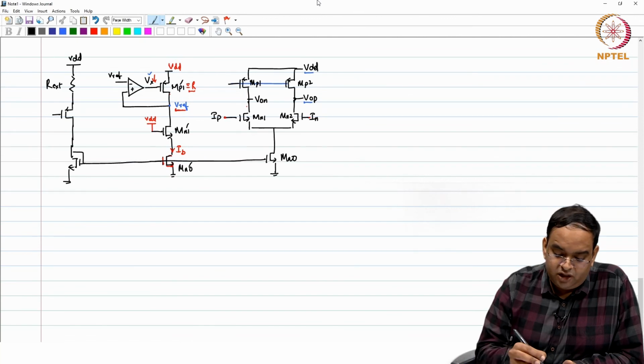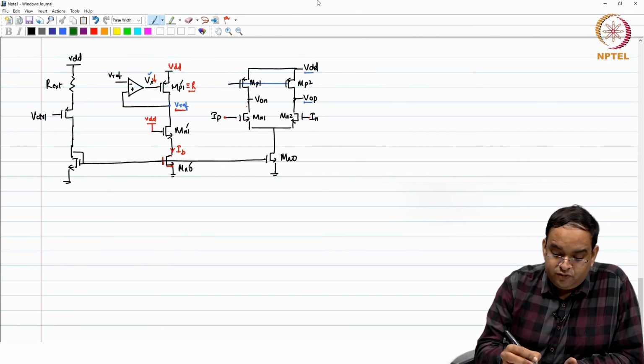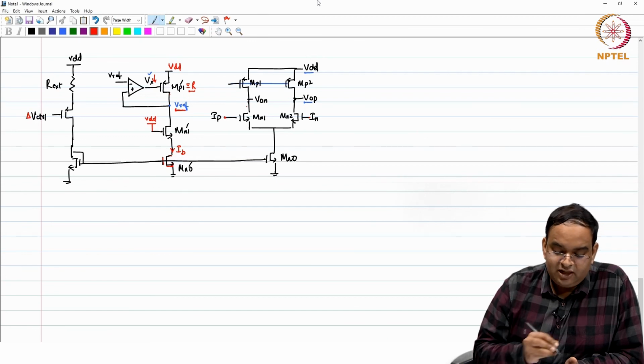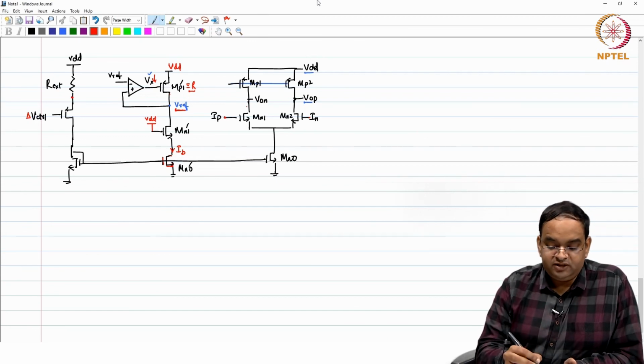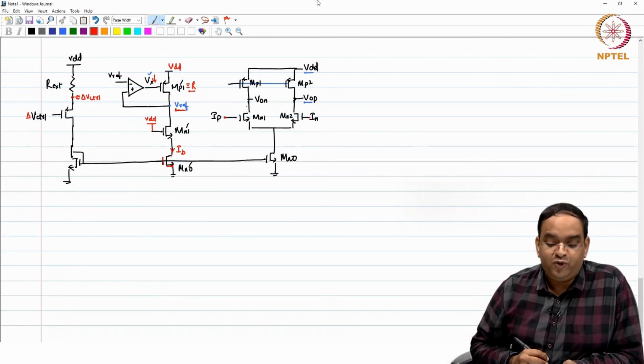Now, here you give V control. What happens is, when you change V control by delta V control, because it is a source follower with respect to the PMOS, you get approximately delta V control change at the output node.